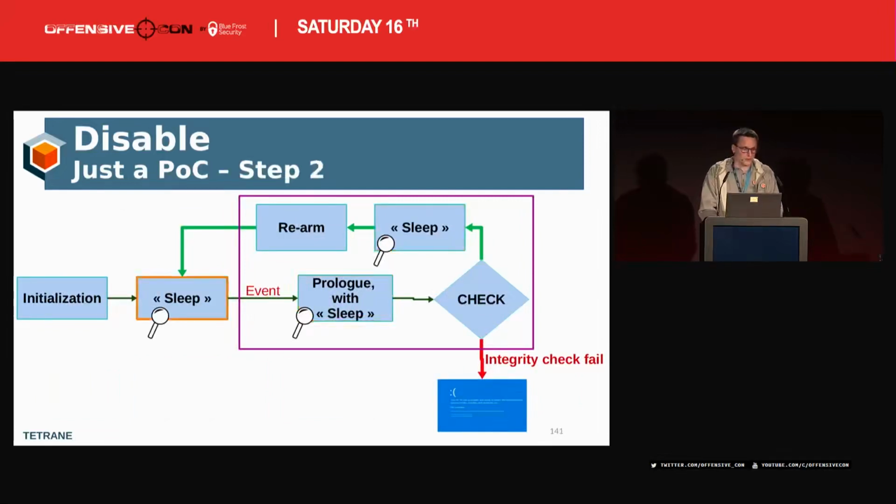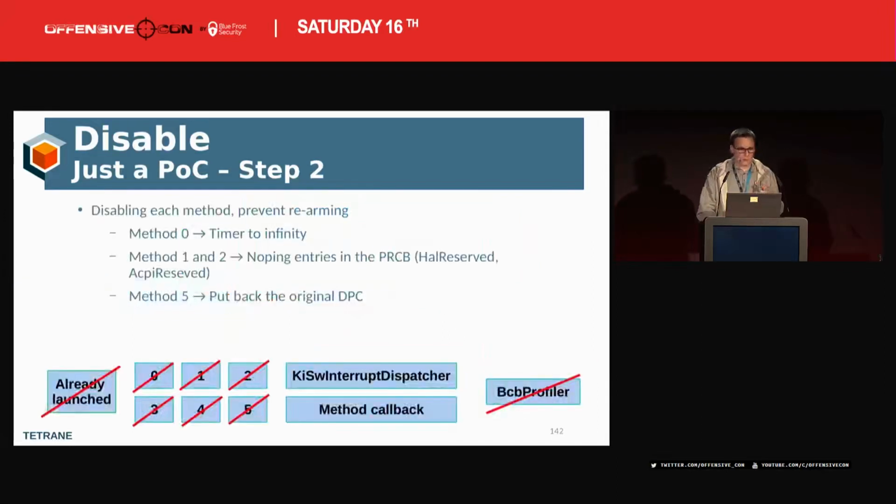So what about the next ones? The next ones are the ones that are hiding from the beginning. So basically, the verification routine is not launched yet. For example, for method 0, which is a timer, you just have to go, as I said, through the timer red-black tree, find the PatchGuard context and disable it.